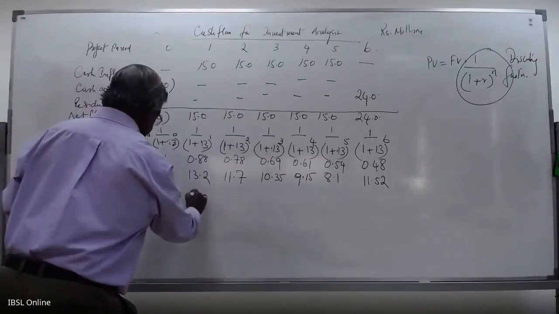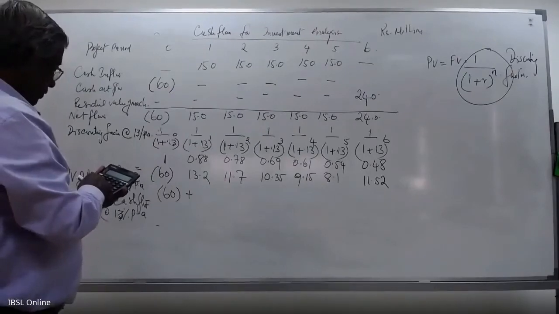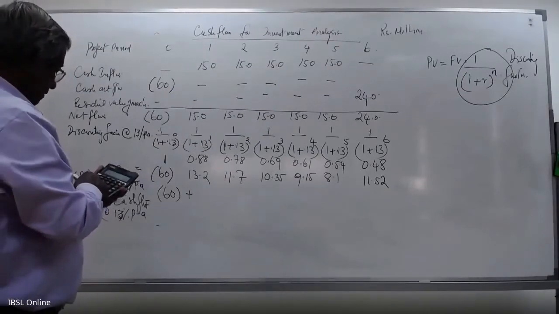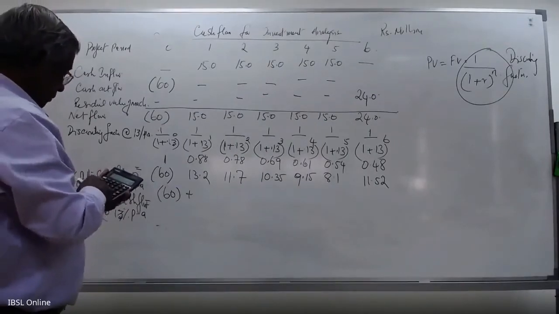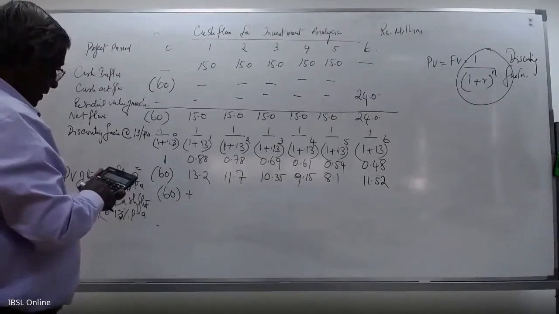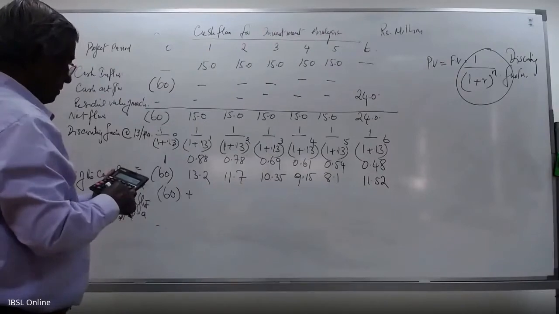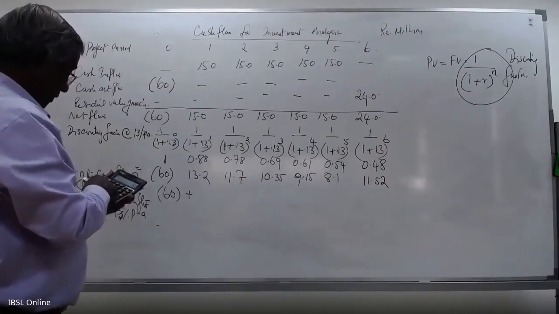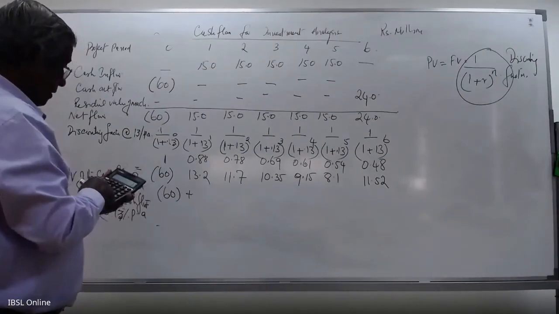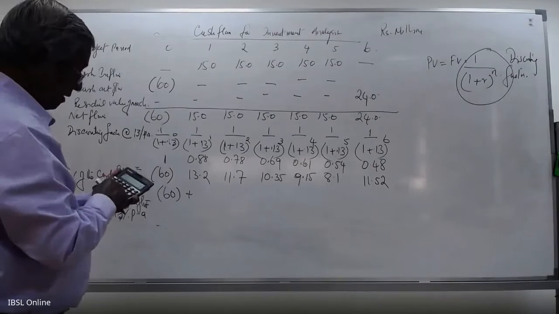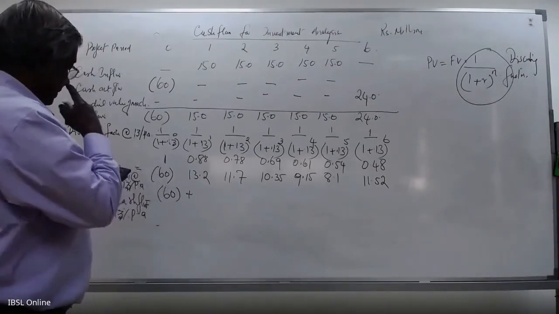Other ones we see plus 13.2 plus 11.7 plus 10.35 plus 9.15 plus 8.1 plus 11.52 plus, which gives 64.02.